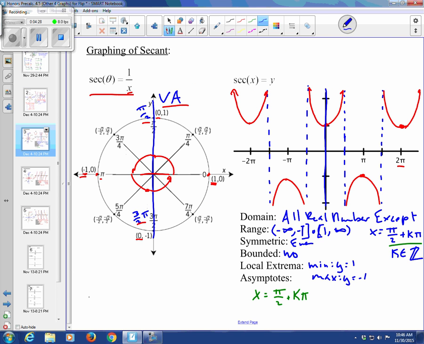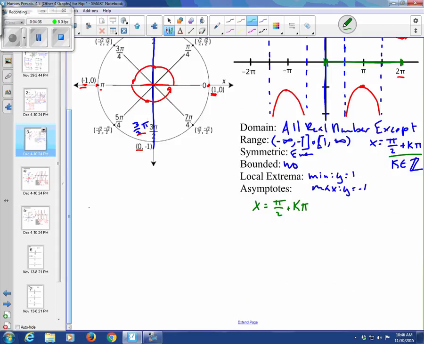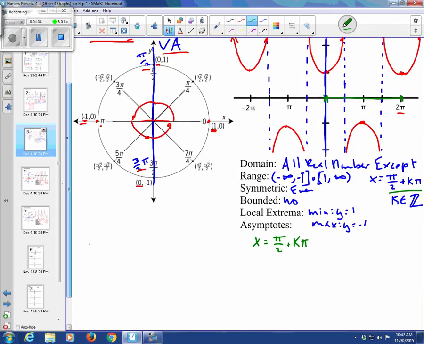So right here, looking at one period of secant, we're going to start at 0 and go to 2 pi. And so for a period of secant x, we are going to start at the origin, right here at a min.